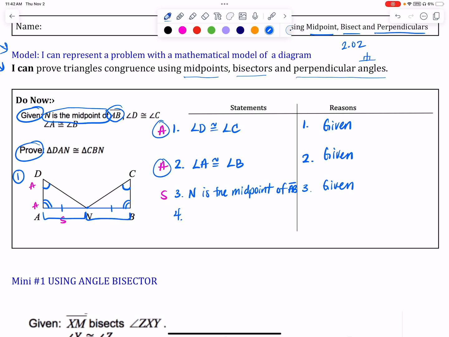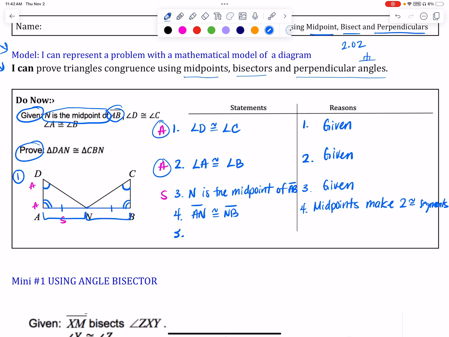And then, because it's the midpoint, we could say that AN is congruent to NB. Don't forget your segment notations. And instead of writing definition of something, please write what the definition does. Midpoints make two congruent segments or sides.